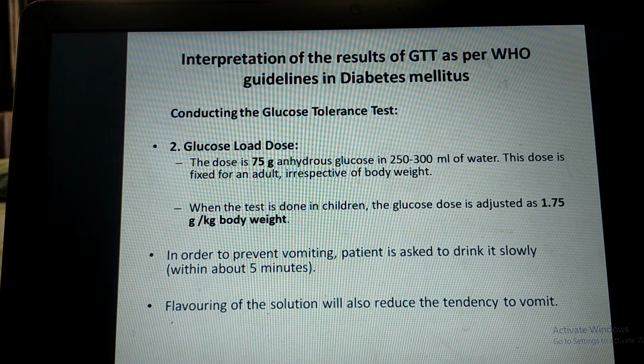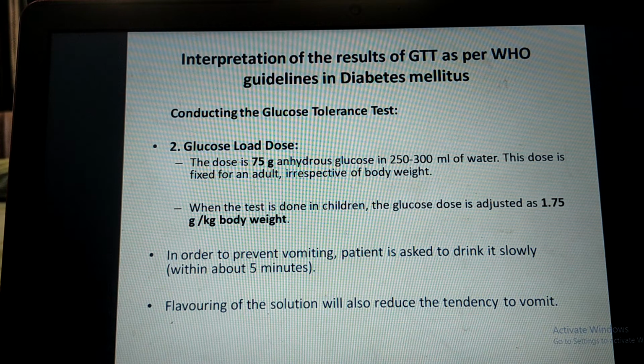Then glucose load is given to the person. 75 gram of glucose dissolved in 250 to 300 ml of water. The solution is prepared and the patient is asked to drink. This dose is fixed for adults irrespective of their body weight.